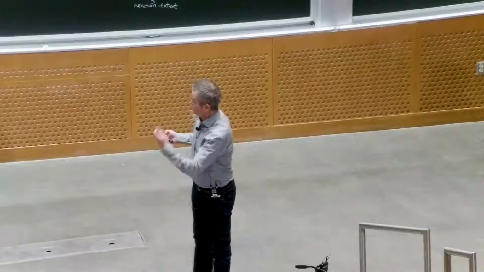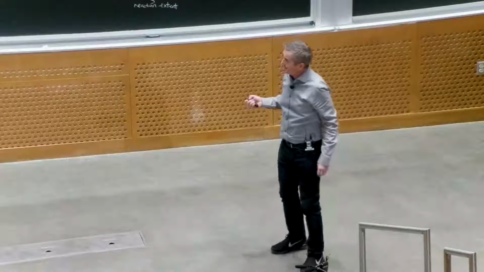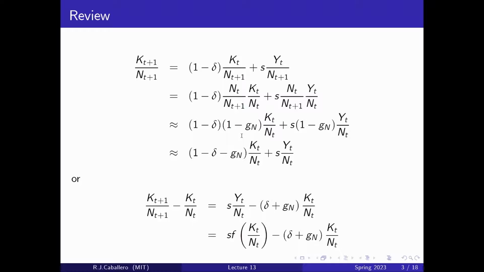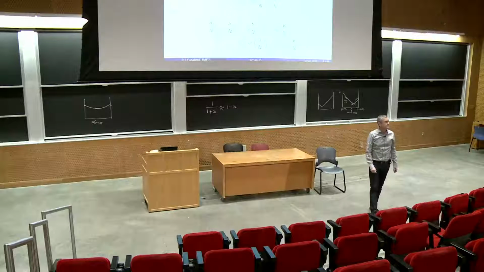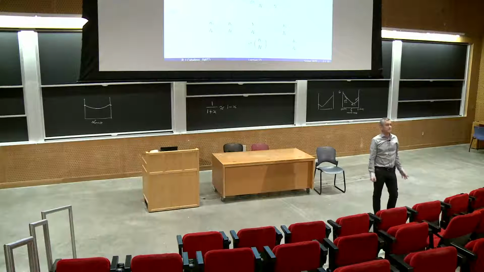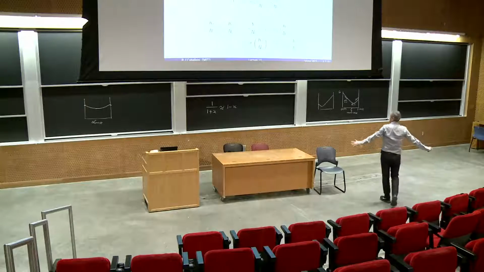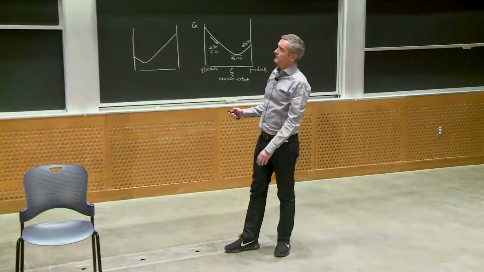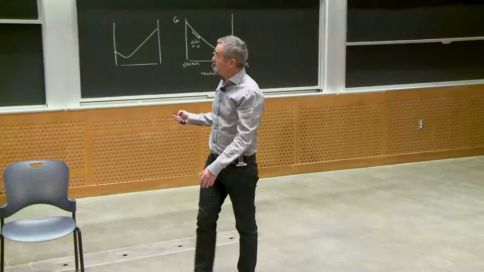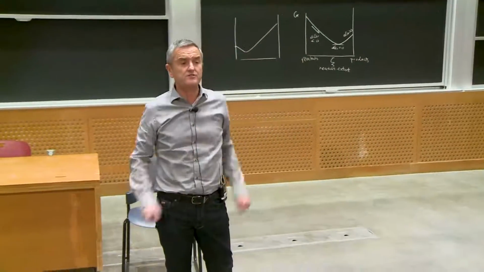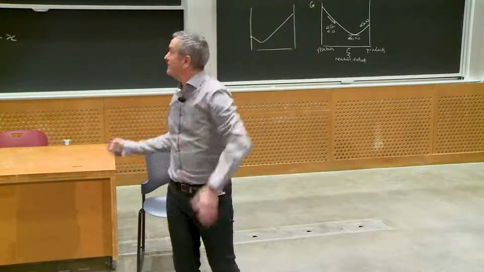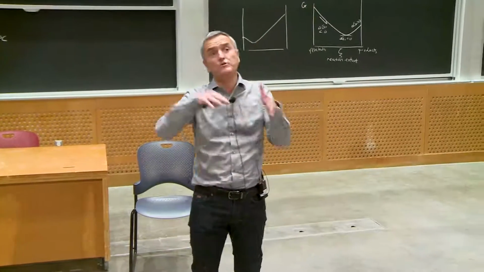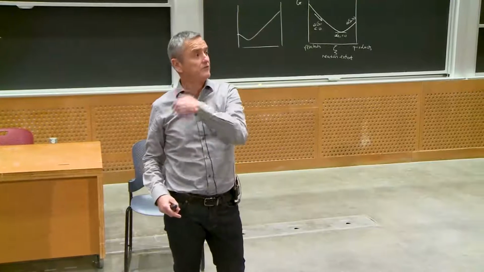But the new term that we introduced at the end of the last lecture is that now this ratio also declines with population growth. And so who can explain why we get this term? I'm saying, look, suppose that we take as given amount of investment, we take as given depreciation, but now I say, well, if GN rises and all the rest remains constant, then the left-hand side will start declining, or will grow less rapidly than it was going to grow before I increased GN.